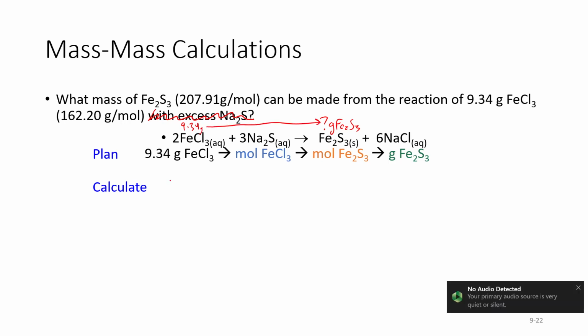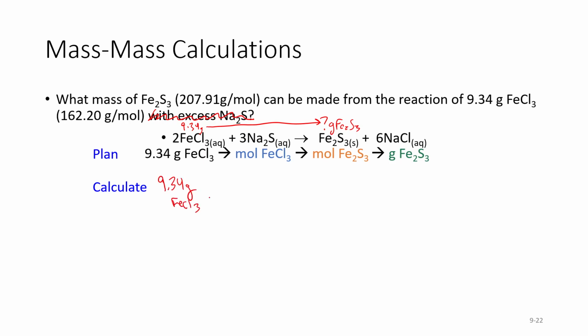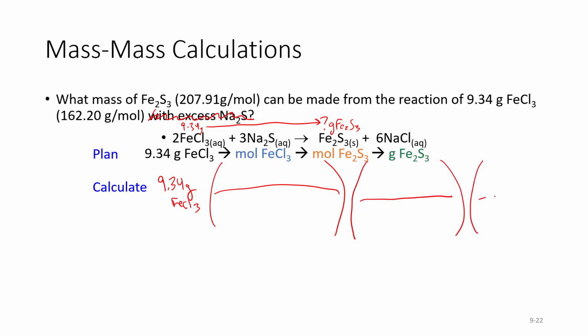So we're starting with 9.34 grams of FeCl3. And because we have grams of FeCl3 on the top, we're going to have grams of FeCl3 on the bottom. Now, in order to get to the new substance, we have to get to the mole.